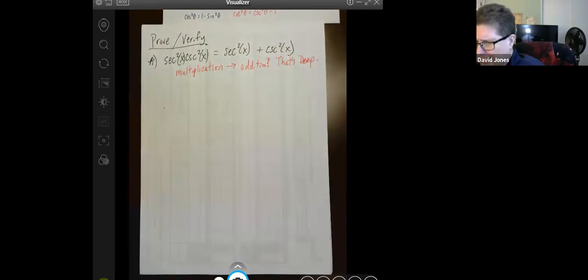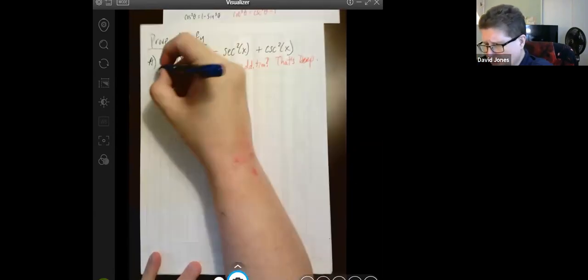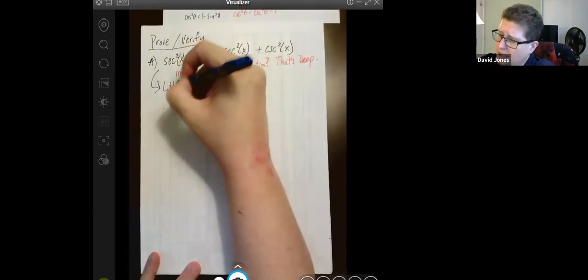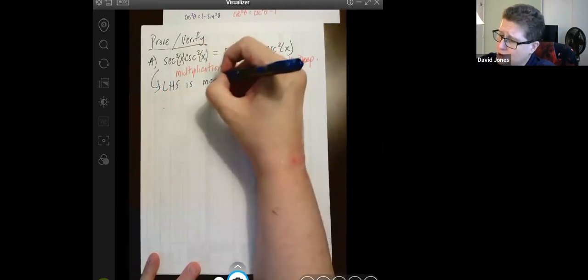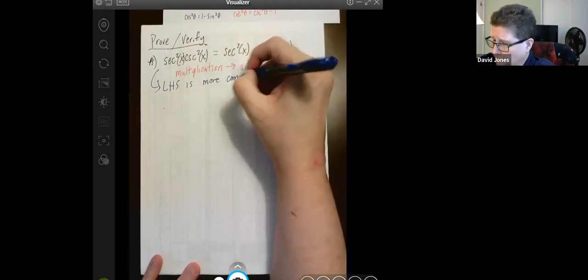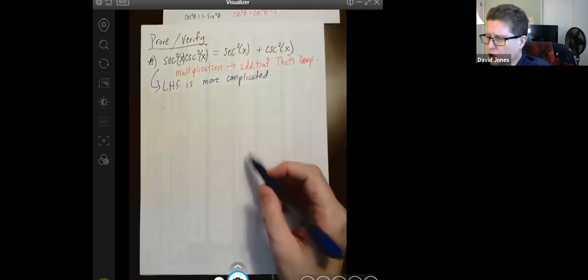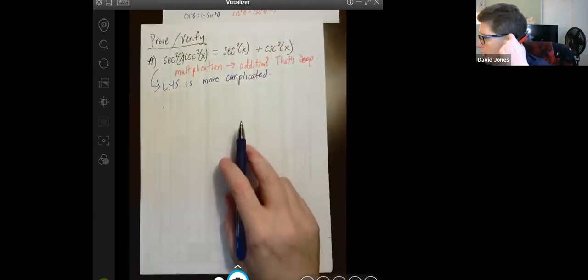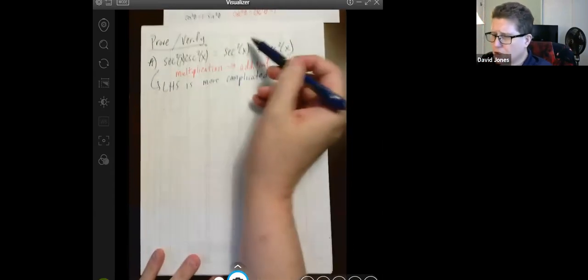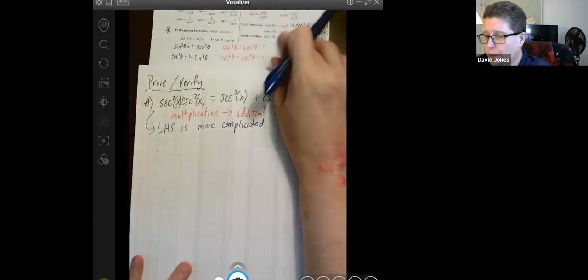Now, I think the left-hand side is more complicated. Let's use that, because the multiplication is harder to deal with than the addition. So let's use the identities we have.